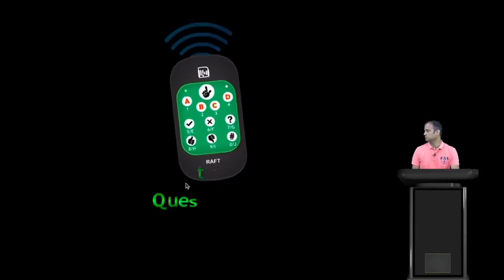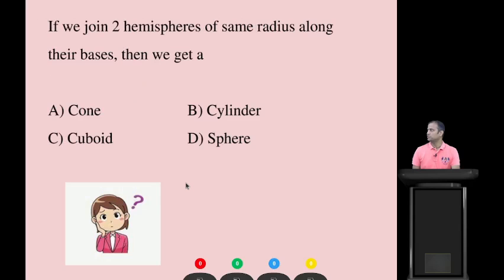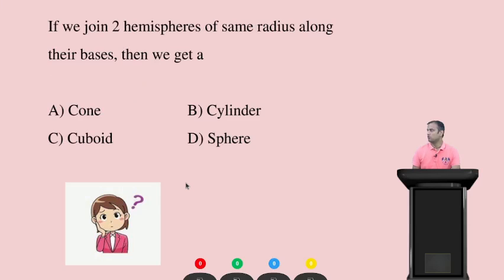Okay, now question time. If we join two hemispheres of the same radius along their bases, then we get a... and your time starts now. What will we get after joining two hemispheres?